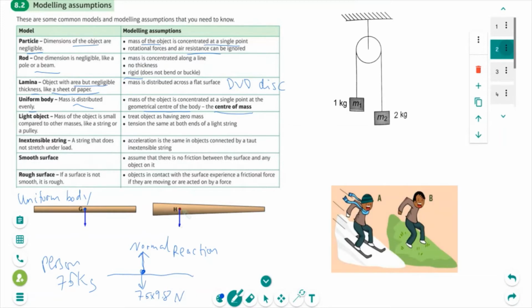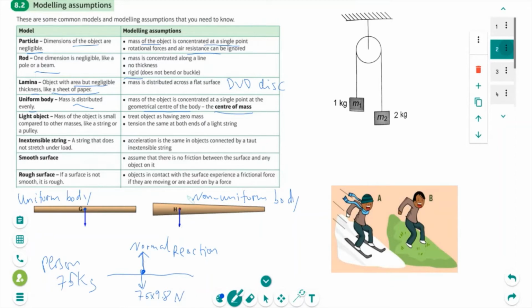Now, the diagram on the right, you can see it's kind of like a baseball. This is an example of a non-uniform body. So the center of mass won't be in the middle. If you think about it, it'll be more to the left. That point will be the center of mass, over here, slightly to the left.